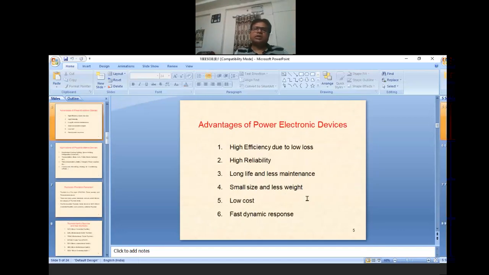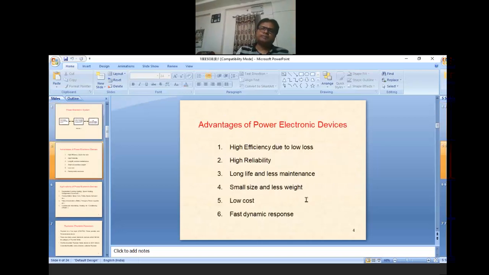The actual evolution of power electronics started in the 1950s, when in 1958 the General Electric Company invented the first silicon based power electronic device, which is called the thyristor.